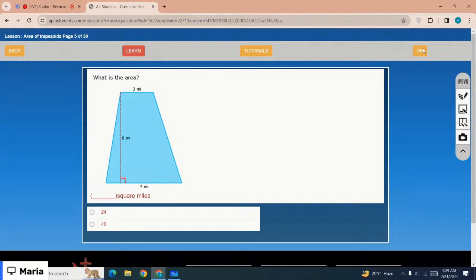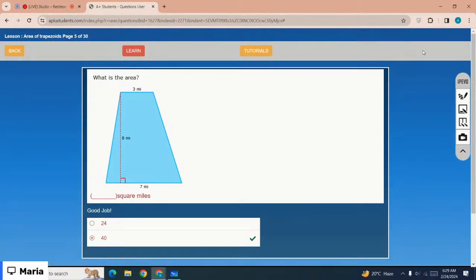The correct option is that is 40. The correct option is 40 square miles. Option number 2 is the correct option.